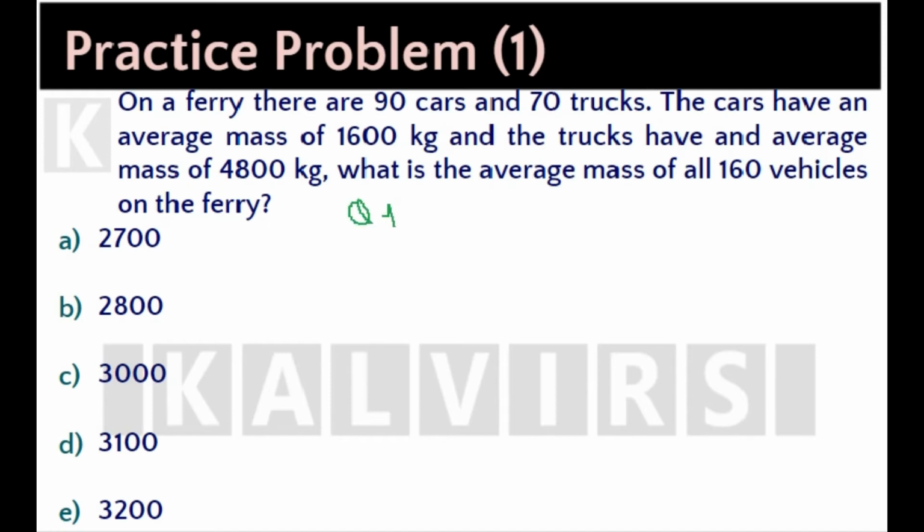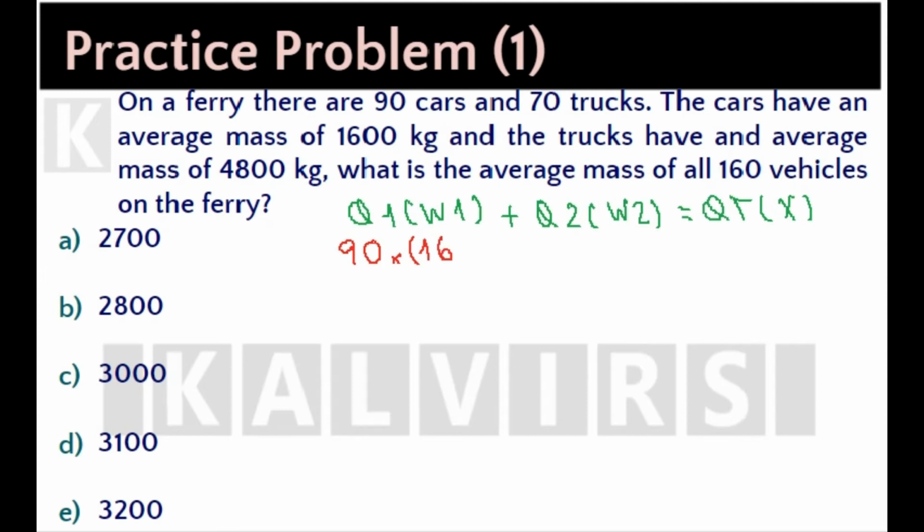Now, let x be a variable and put data into the weighted average formula. So we get 90 times 1,600 plus 70 times 4,800 equals 160 times x.